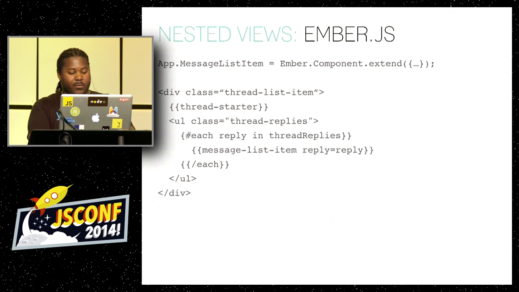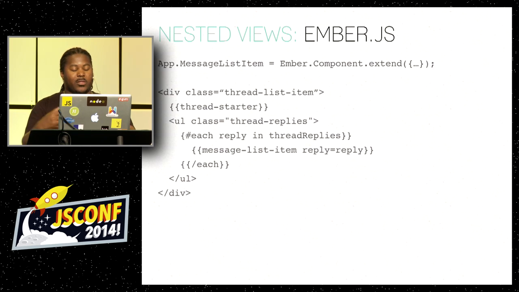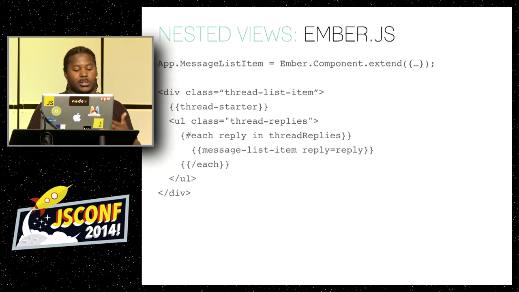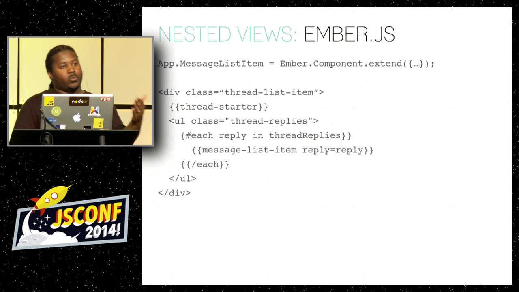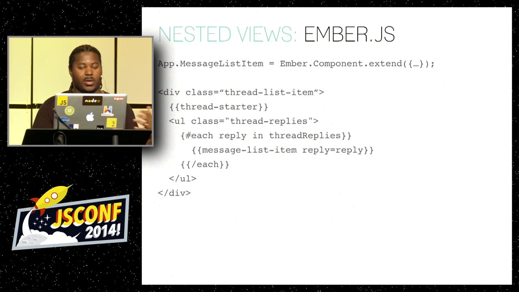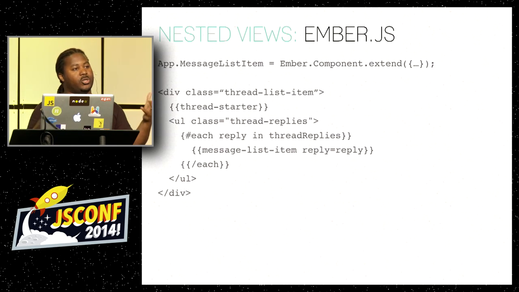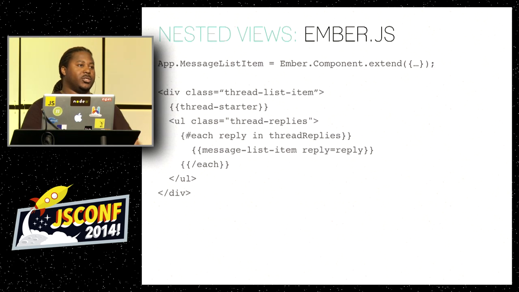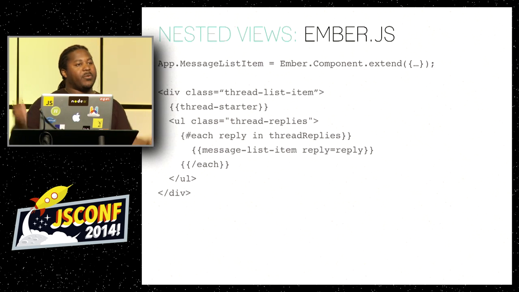We get this nested view. But the thing that I think is really interesting here is that a lot of people get thrown off because this is template-driven rather than JavaScript-driven. Ember and Angular both, I think, prefer to be template-driven. They want you to think about what your markup is and give you hooks into it that allow you to hook into your behavior. But I prefer the opposite, right?